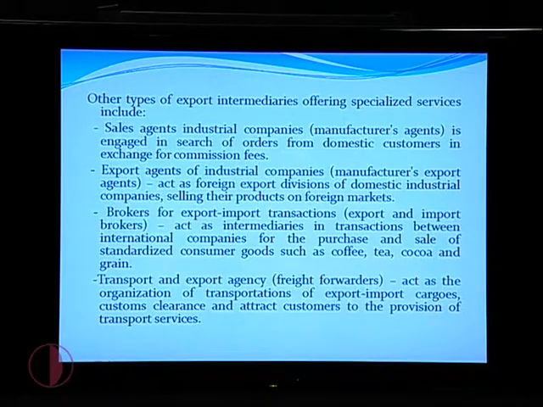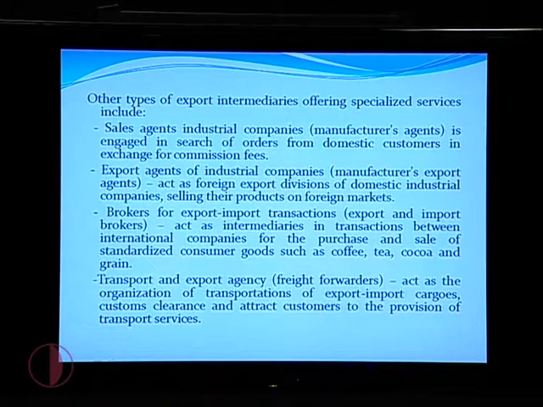Other types of export intermediaries offering specialized services include sales agents of industrial companies, or we can call them manufacturers' agents, engaged in search of orders from domestic customers in exchange for commission fees. Export agents of industrial companies, manufacturers' export agents, act as foreign export divisions of domestic industrial companies, selling their products on foreign markets.